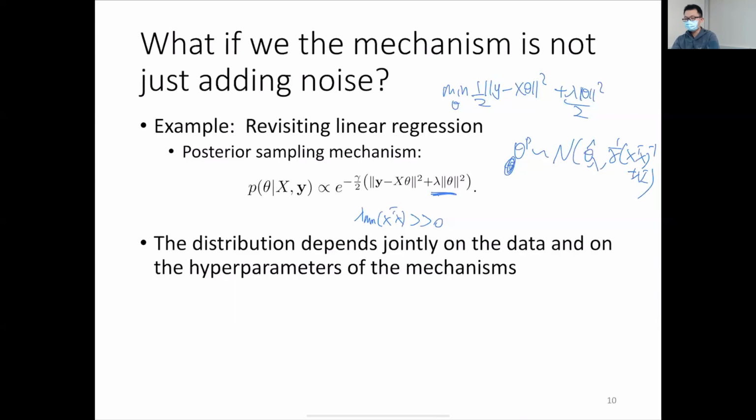So you can interpret this as a particular noise adding mechanism where the covariance matrix also depends on the data.